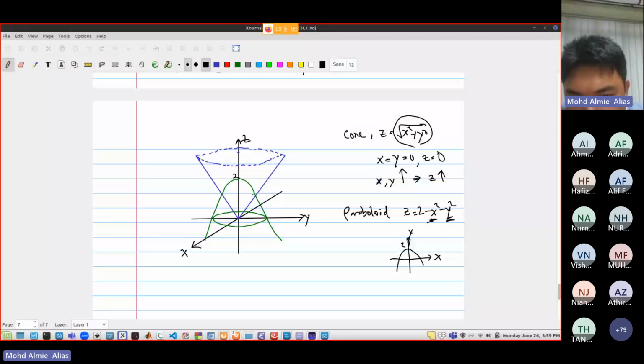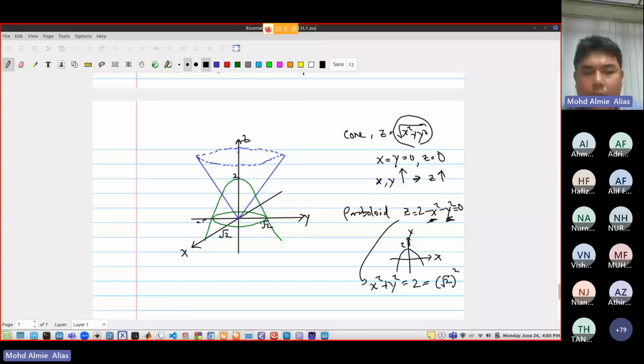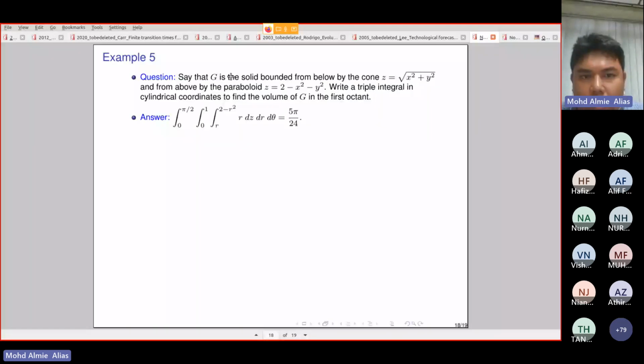That's why the height decreases until you reach a certain extent, where the surface intersects the xy plane, which is when z equals 0, and you get x squared plus y squared equals to 2, which is square root of 2 squared. So it's a circle with radius square root of 2.